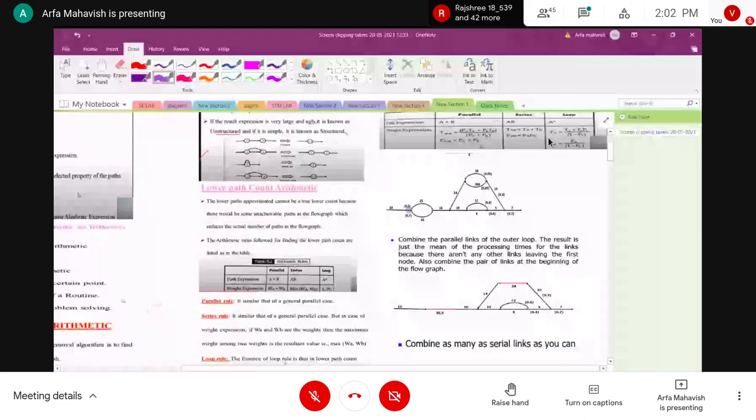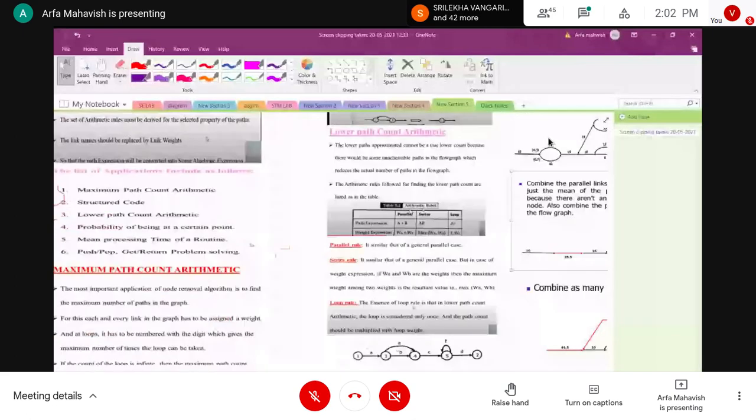So these are the applications for the reduction procedure, that is 6 steps, and in the 6 steps we have rules. This is the main rules table. If you learn these tables, you can do the procedure. In every procedure the similarity for reduction is that you have to remove the nodes and give the weightage.